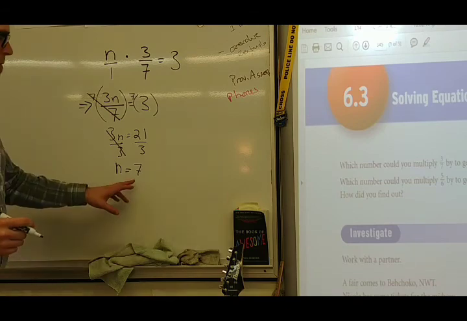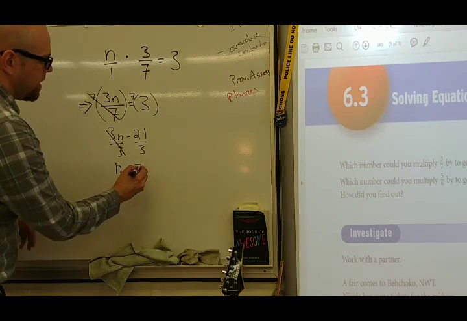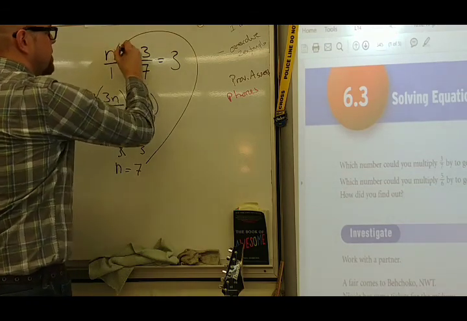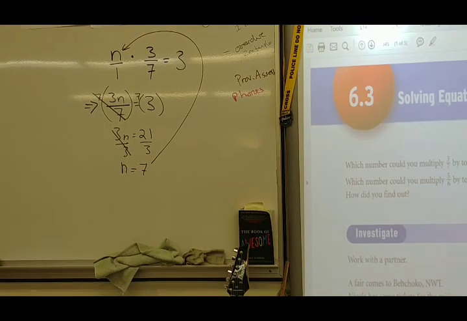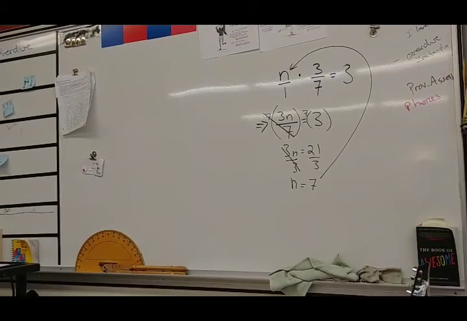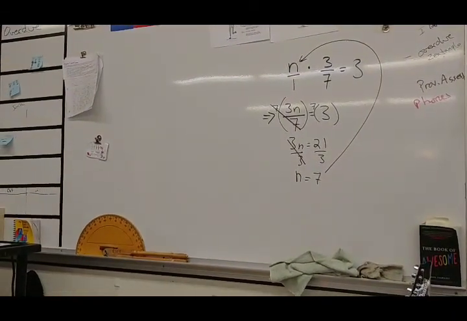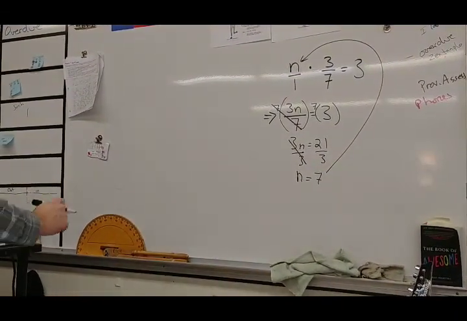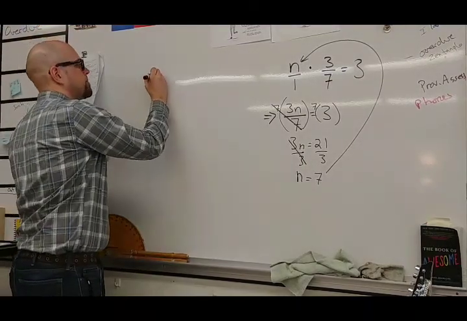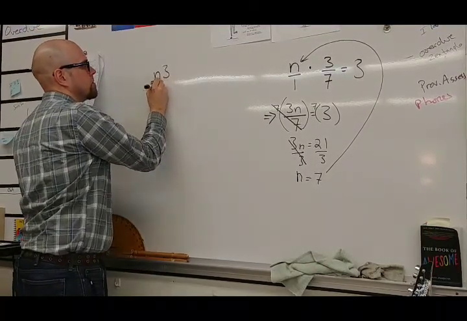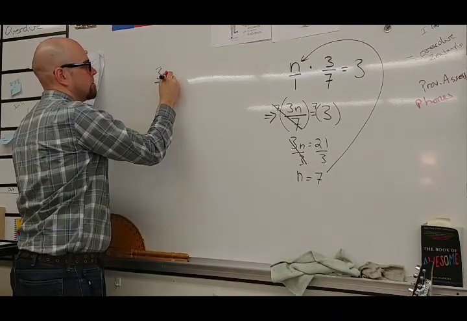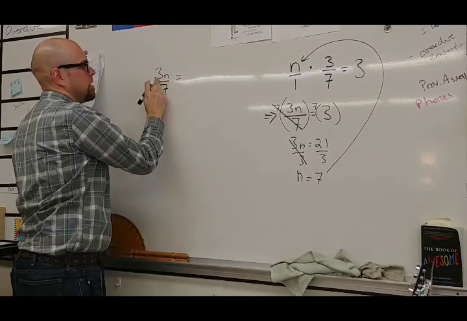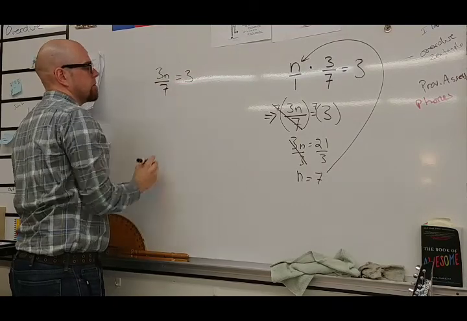Now that I think I know what the number is, I need to plug it back in and see if I'm right. Now let's see if it's within the screen. If I go beside, we're just going to shift over slightly. So we're going to plug this back in. I'm going to rewrite it. A number multiplied by 3 over 7.